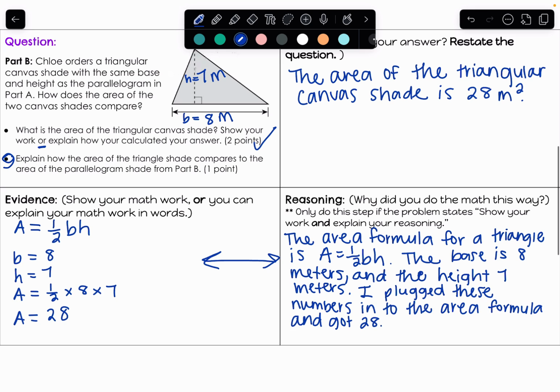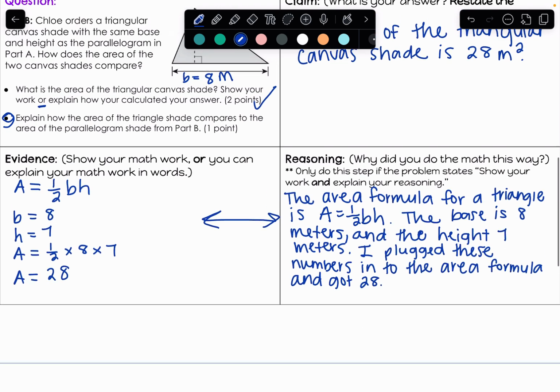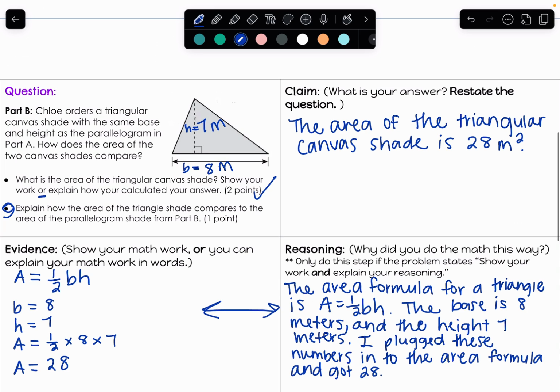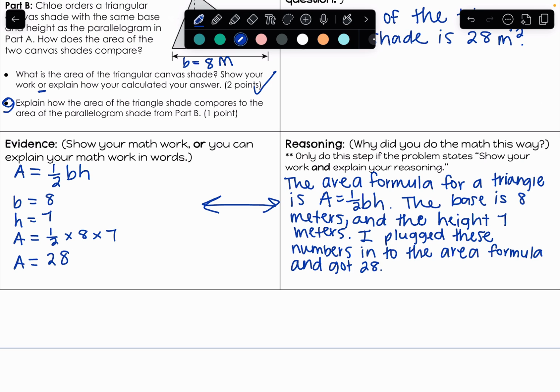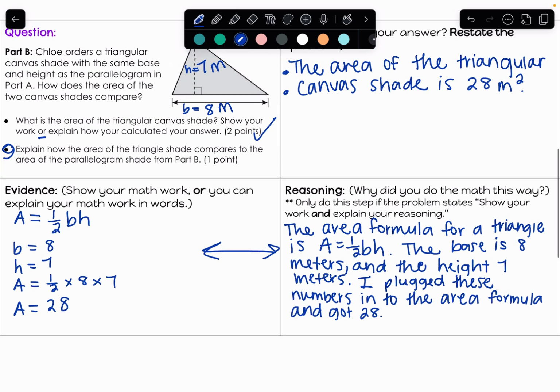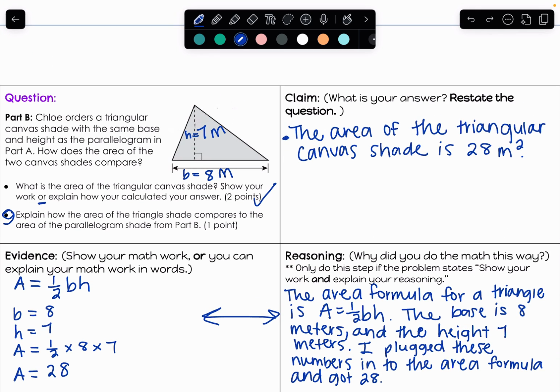So how they compare, well, first, their base and heights are the same. I'm going to write that for your reasoning or your evidence. This one is a little bit different. I'm just going to put it in the claim part.